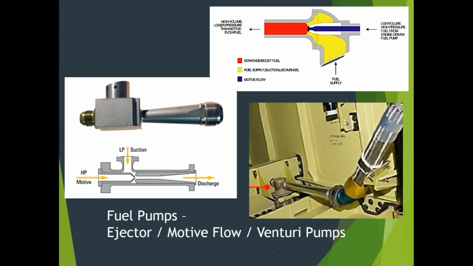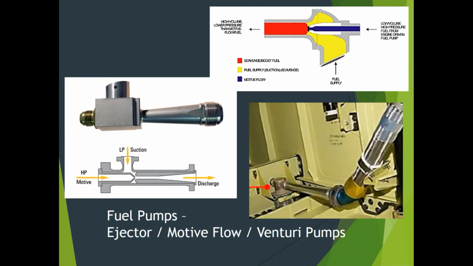Sometimes you can just straight gravity feed. But remember that high pressure pump on the engine: most of that fuel is going to get sent in through the fuel nozzles into the combustion chamber, but we port a small amount of it off the engine and run it back to the fuel tanks, and that's what provides the high motive flow for the pumps.